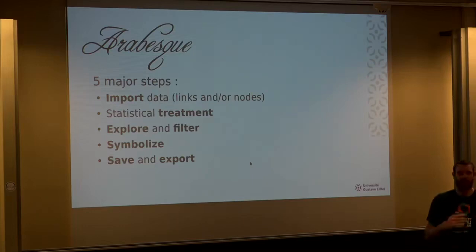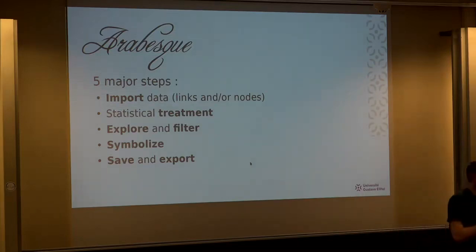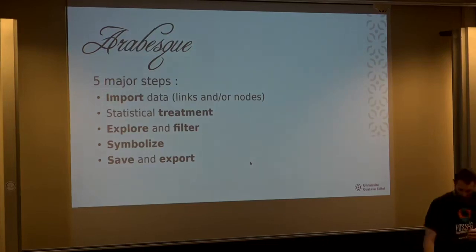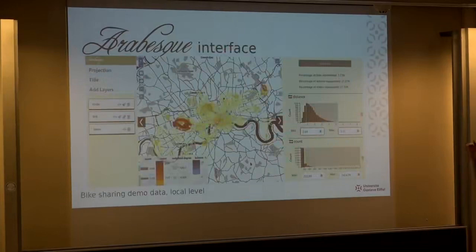You can explore and filter your data directly in the application. You are also able to symbolize your data, to make a pretty map, and save and export. So the interface is quite simple. There is a middle panel, which is the map.